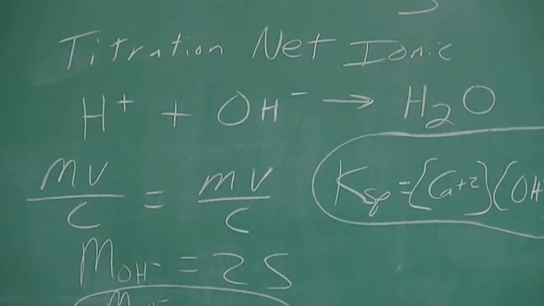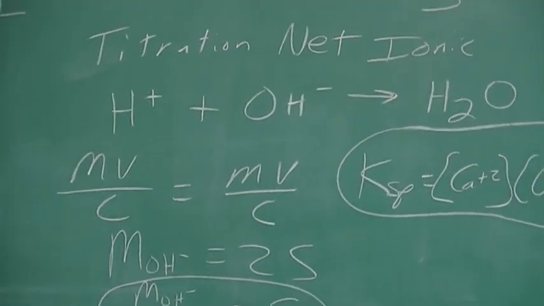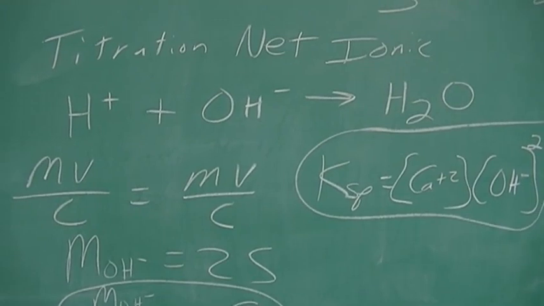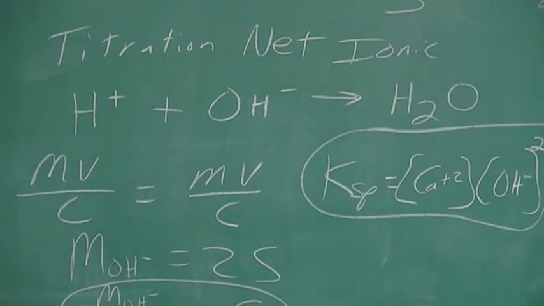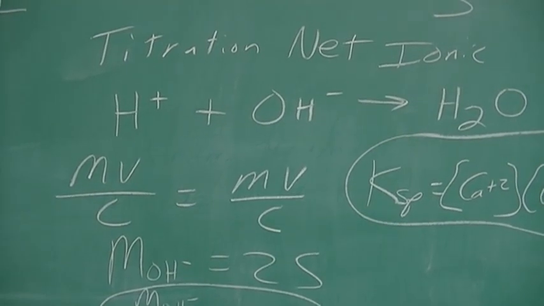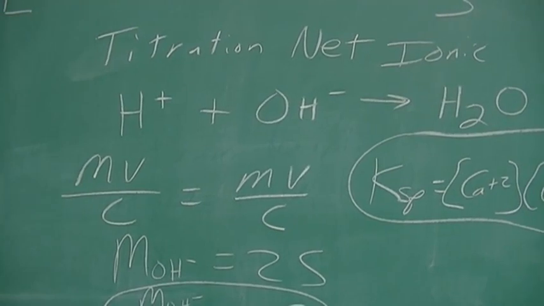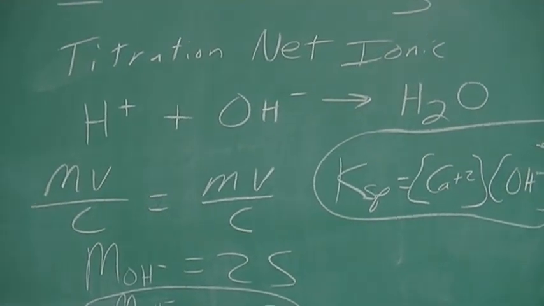So when you filter it, we just had OH minus. There was no solid. We filtered it. OH minus is all that went through, the aqueous OH minus. And we titrated that with HCl. The net ionic, HCl is a strong acid. And so you end up with H plus OH minus goes to H2O.